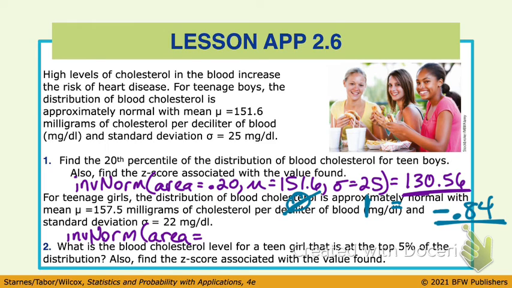If we're looking for the top 5%, what are we going to plug in for the area? 0.95. It has to be the lower area. So 0.95, the mean for the teenage girls is 157.5, and the standard deviation is 22. This is going to be the value that cuts off the top 5%, which is the bottom 95.